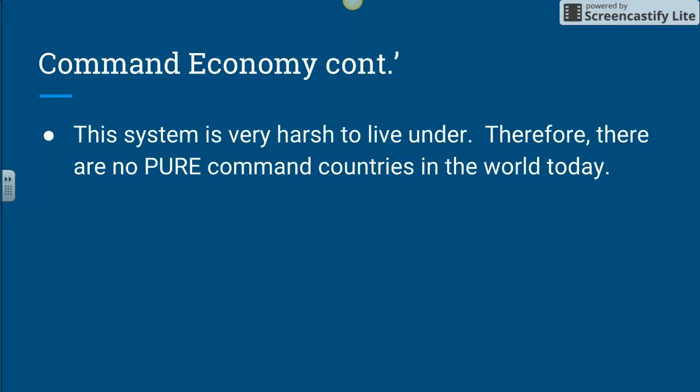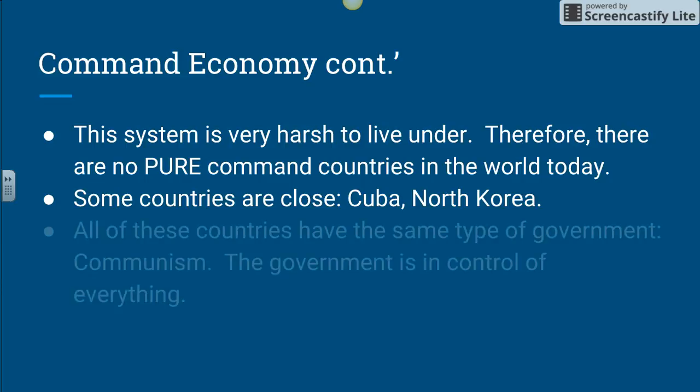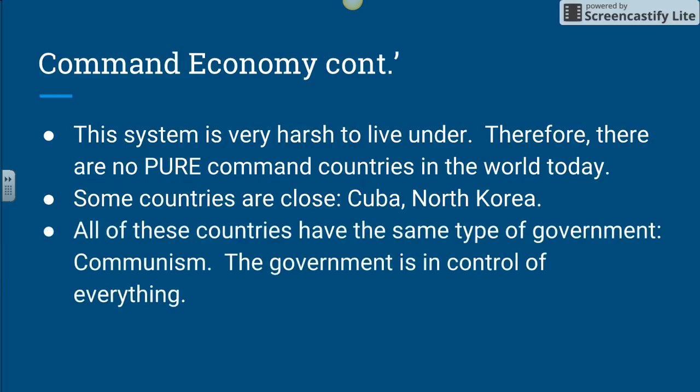A command economy is very harsh to live under. So there are no pure command economies in the world today. Some countries are pretty close, though. Cuba and North Korea are close to a full command economy. And all of these countries have the same type of government. They have a communist government.